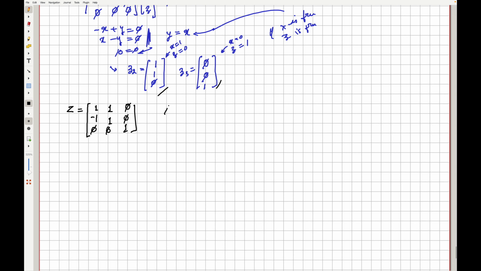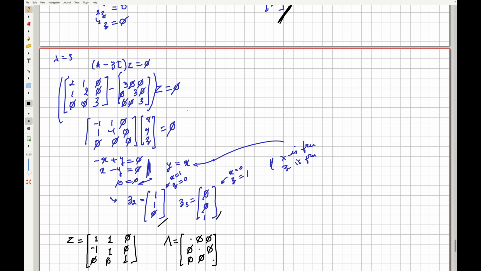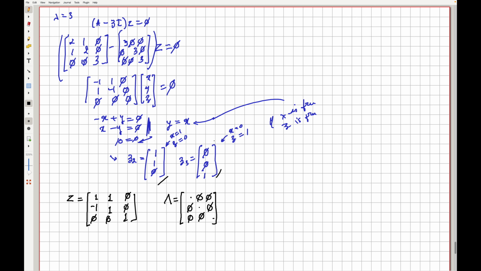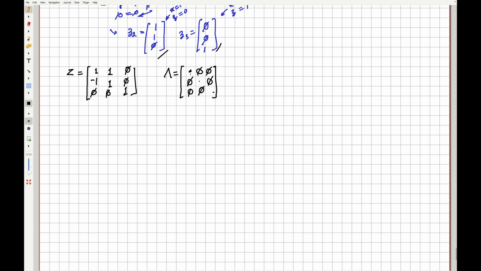And likewise we get the lambda matrix, and for the lambda matrix we have the diagonal terms which we need to plug in, and the off-diagonal values are going to remain 0. So the diagonal values that we saw, lambda, we have the values 1, 3, 3, that's exactly what we are going to write here, 1, 3, 3.